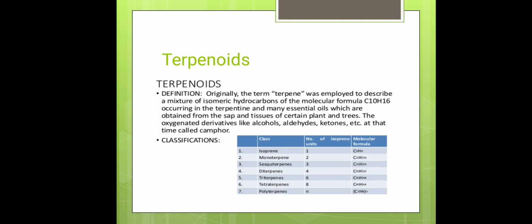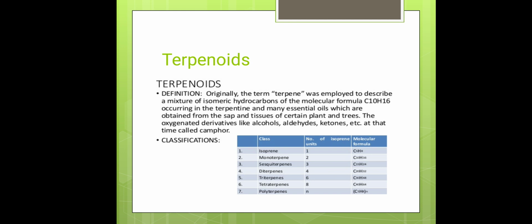The oxygenated derivatives like alcohol, aldehyde, ketone were at that time called camphors. So the original term is terpene, the isomeric hydrocarbons of molecular formula C10H16.